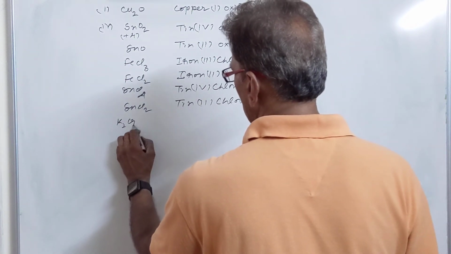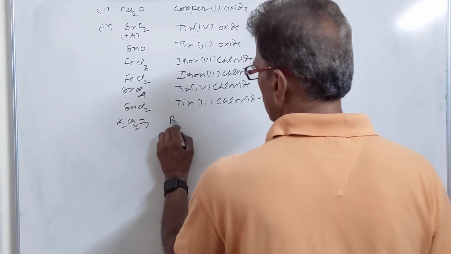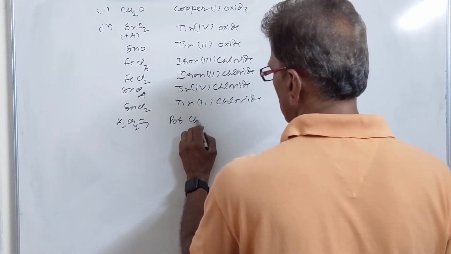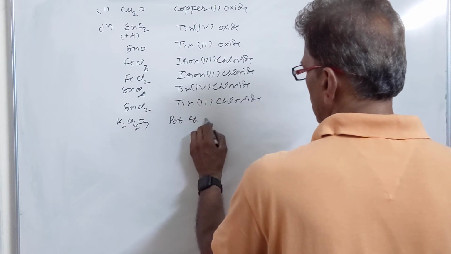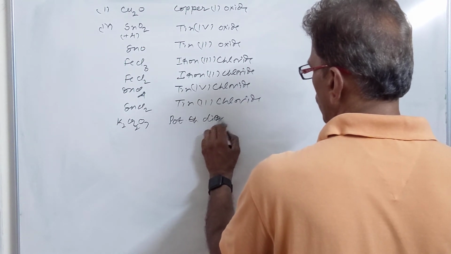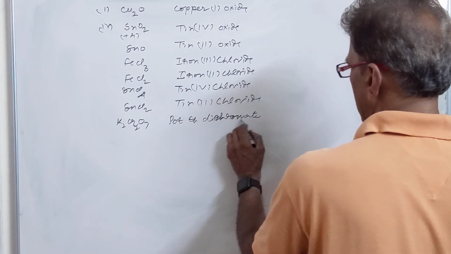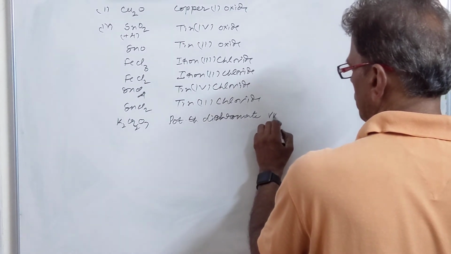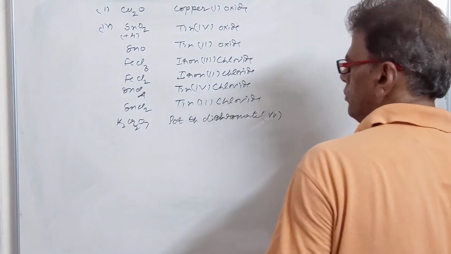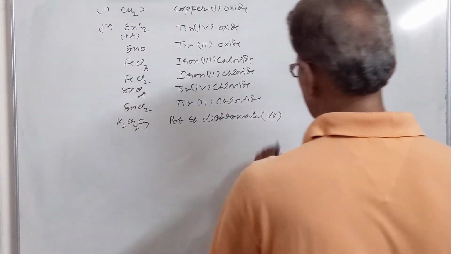We have K2Cr2O7. This is potassium dichromate, where Cr is +6.